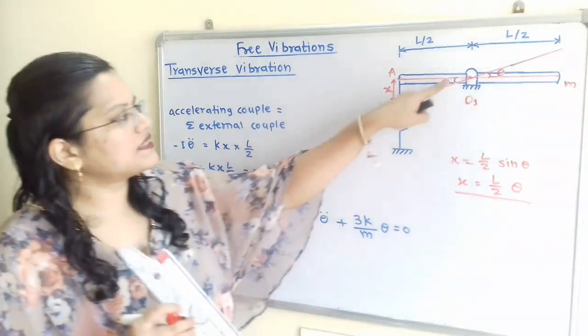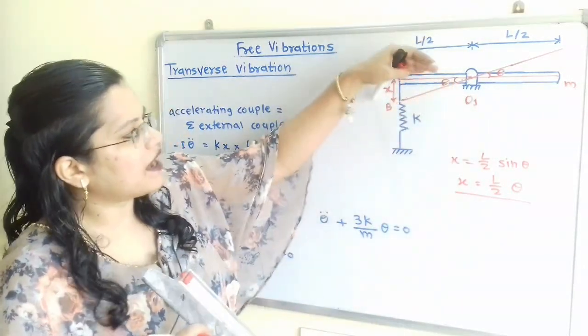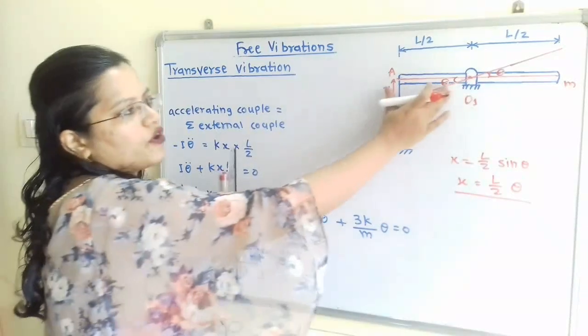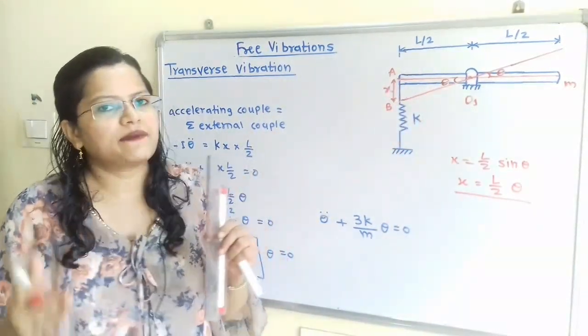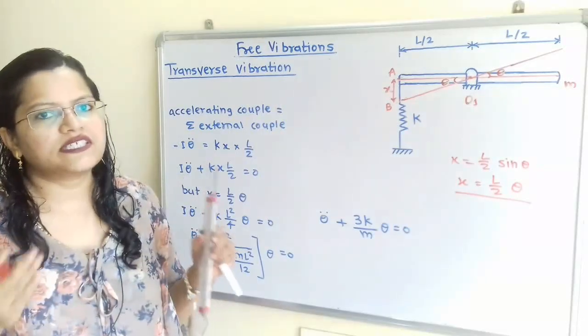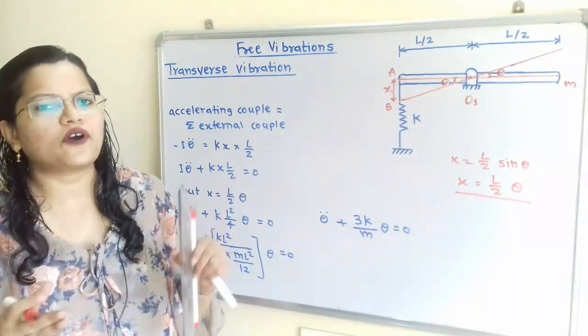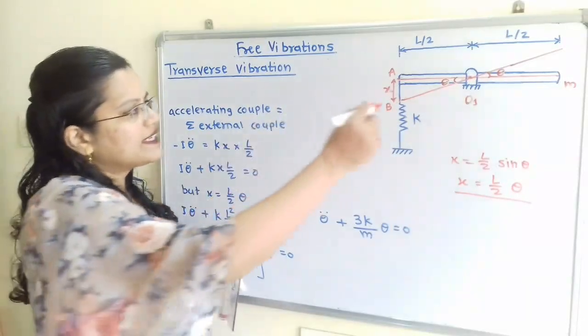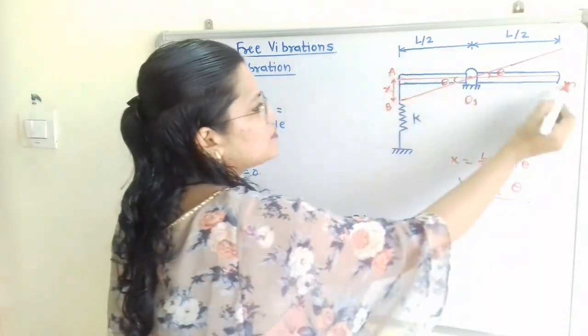Now because of this angular displacement theta in the downward direction for this portion, in the same direction accelerating torque develops. And what is the value of the accelerating torque? It is given that the mass of this rod is m.